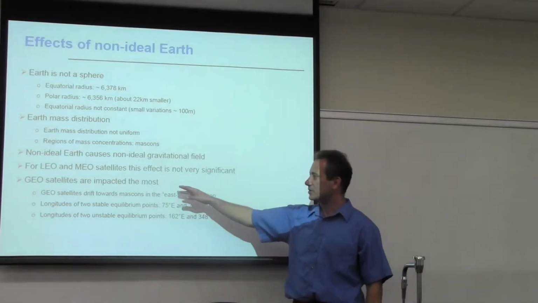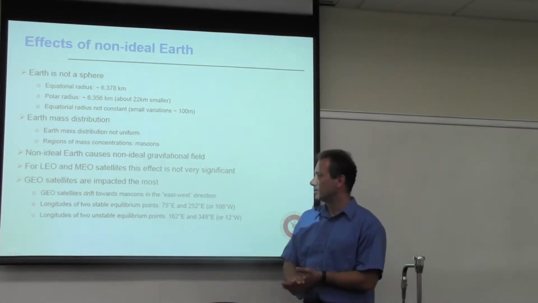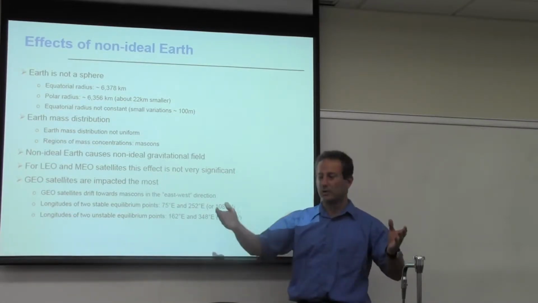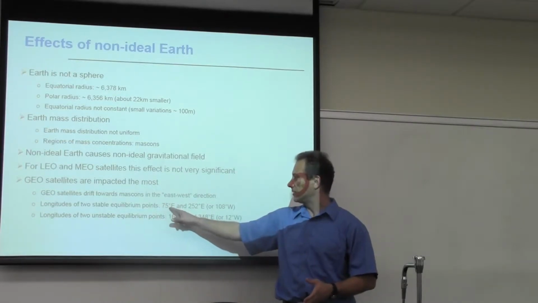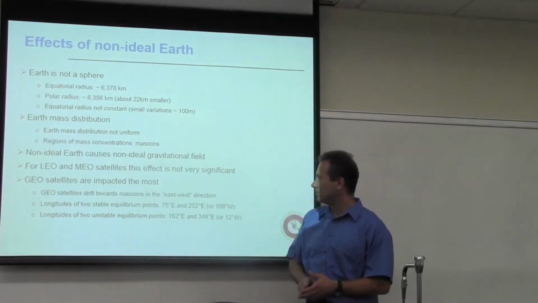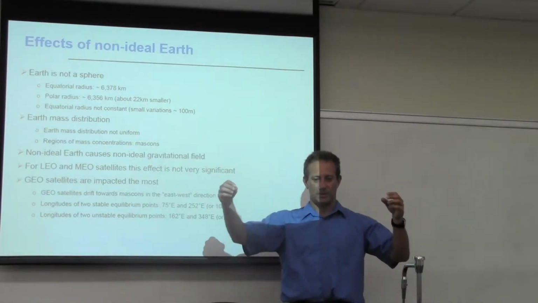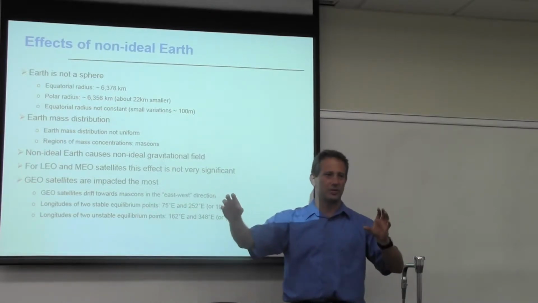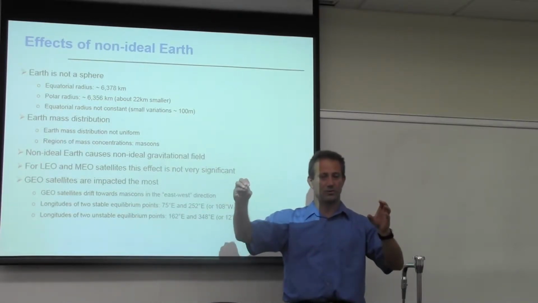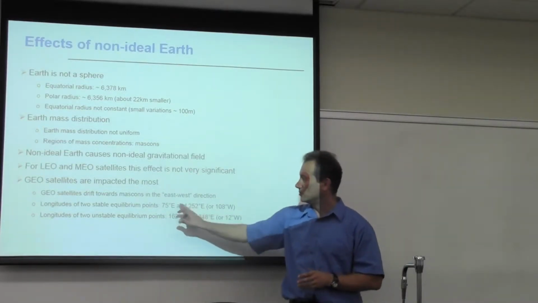Okay, because the mass is not uniform, if you look at just geostationary orbit, we have 4 interesting points. There are 4 equilibrium points. Two of them are stable equilibrium points, at 75 east and 252 east. What that means is, if you leave the satellite in a geostationary orbit and you don't do anything to correct its path, over time all of the satellites will collapse in one of those 2 locations.